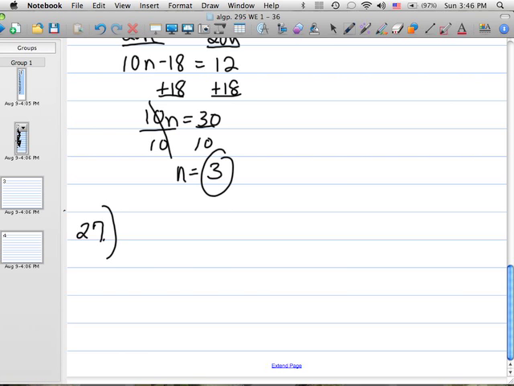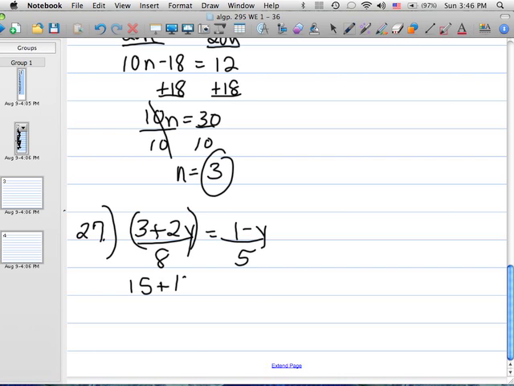27, 3 plus 2y over 8 equals 1 minus y over 5. Cross products, 5 times 3 is 15, plus 5 times 2y is 10y. 8 times the quantity 1 minus y is 8 minus 8y.